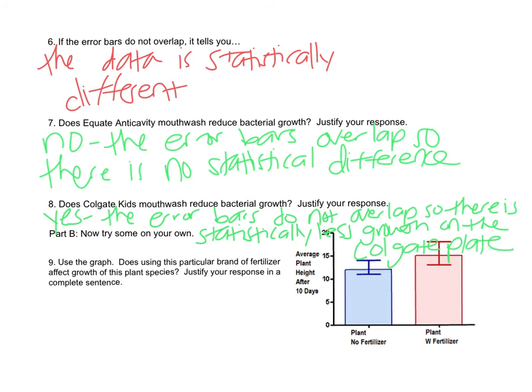To conclude, reading these bars does get kind of repetitive. You're essentially always looking: is there an overlap or not? If there is an overlap, that tells you the data is statistically the same. If there is no overlap, that tells you that there is a statistical difference.